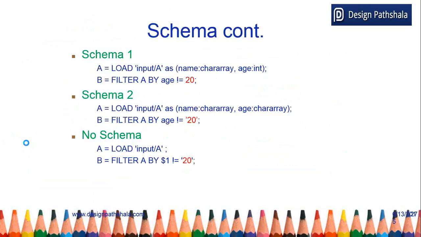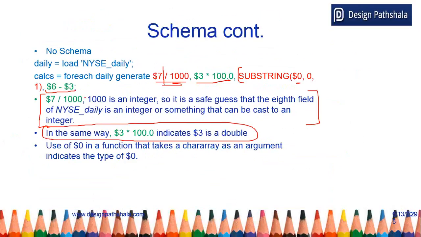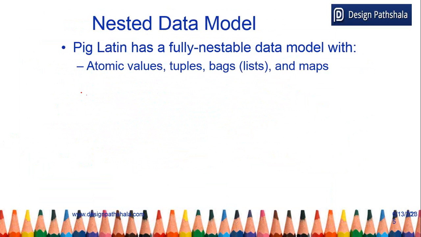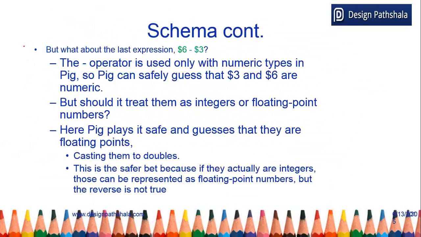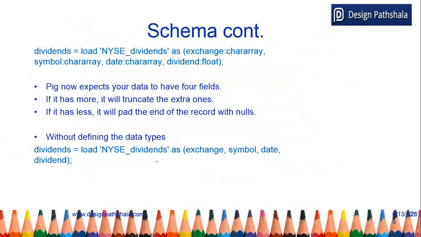Based on the operation, this minus operation can be applied on either double, float, long or int, right? So it will try to play safe over here, and it will assume this as double, because double can store your other things.